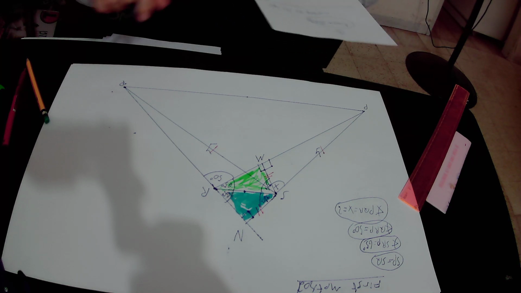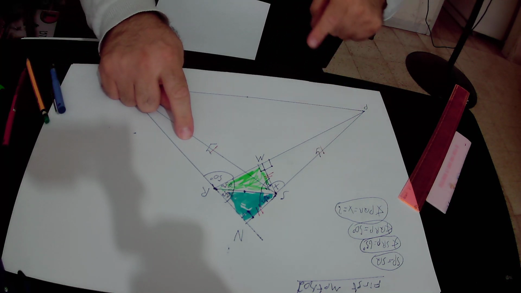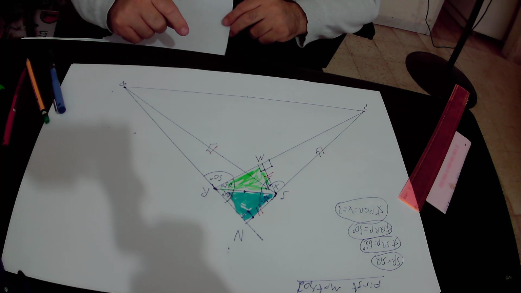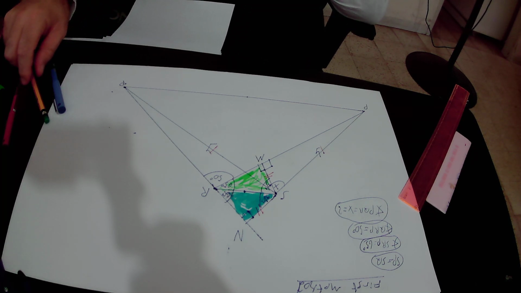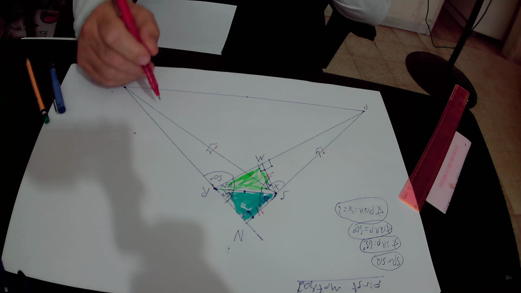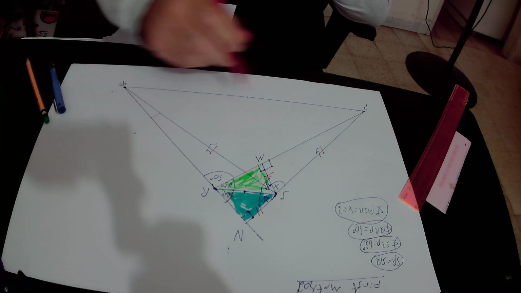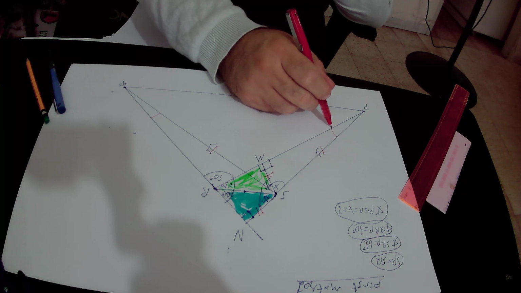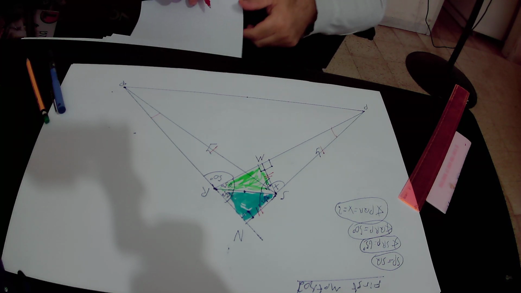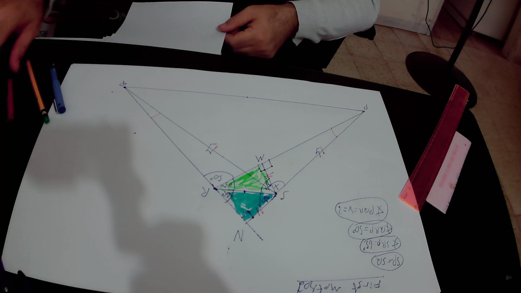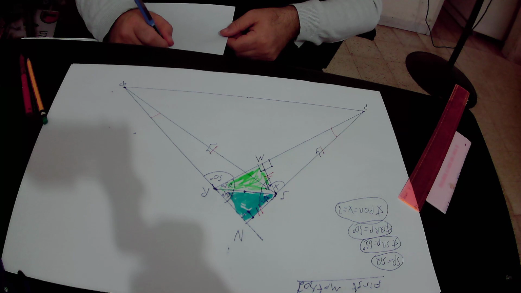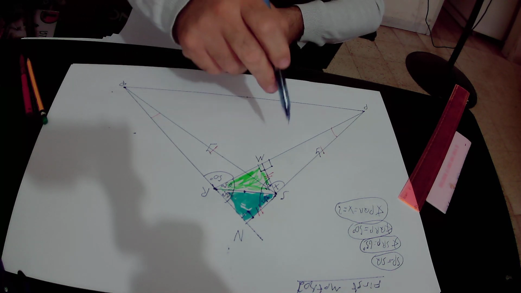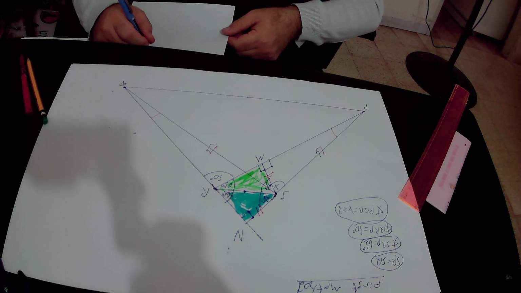So from the fact that those two right triangles are congruent, we can conclude that those two angles are equal to each other.